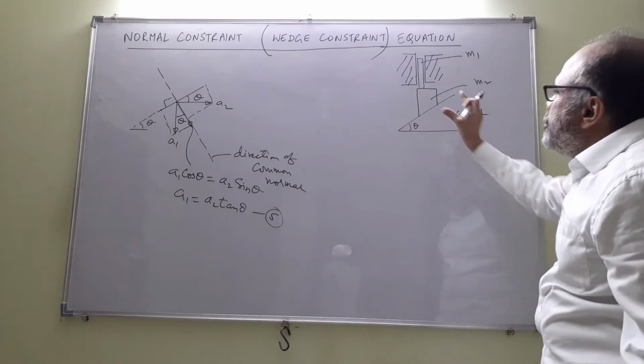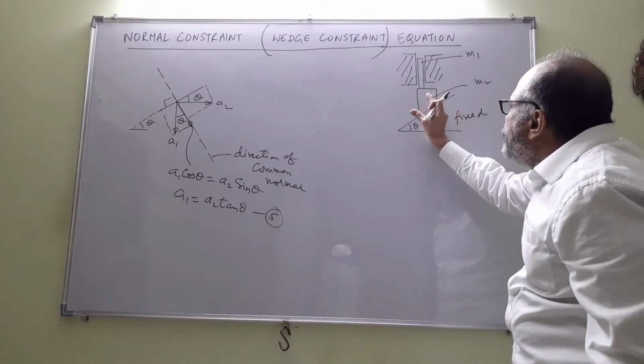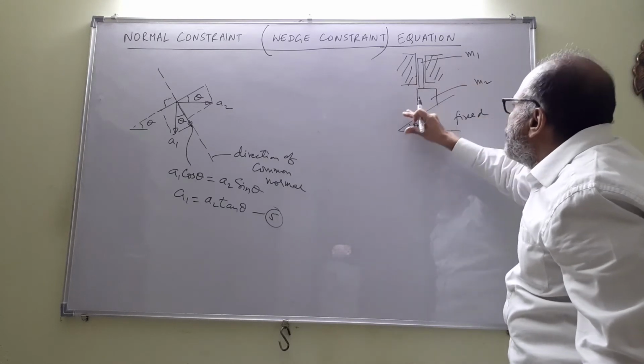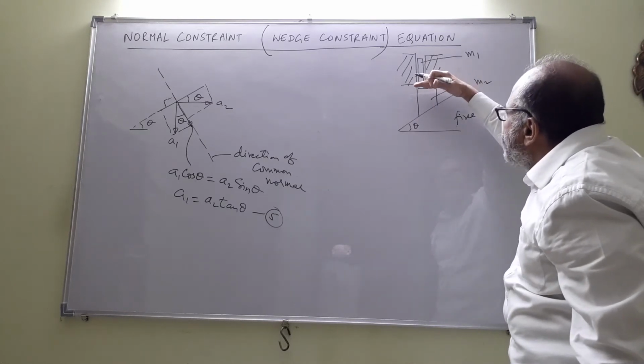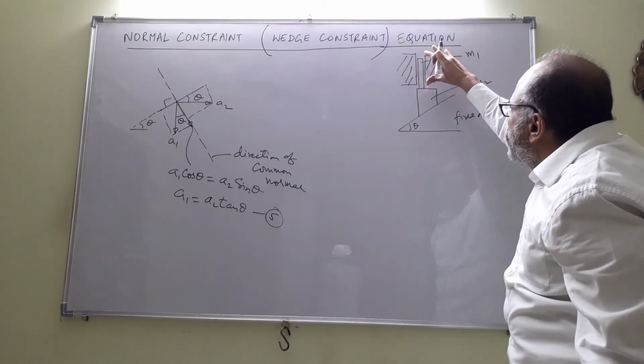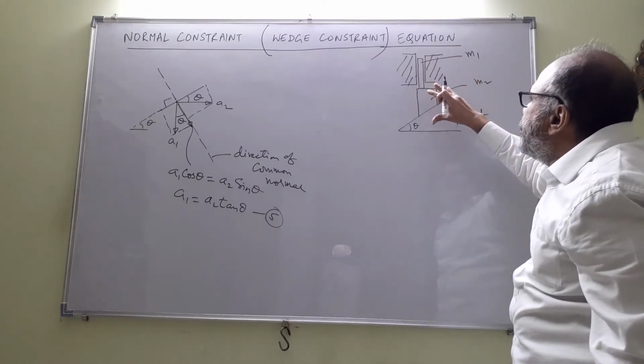So this block M2 will come down, and as this comes down, the horizontal surface of M2 will also come down, and this block M1 will come vertically down.